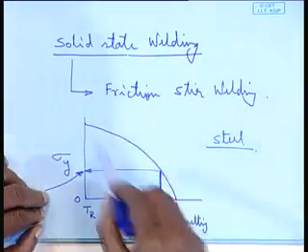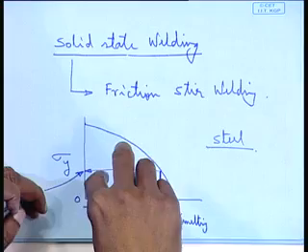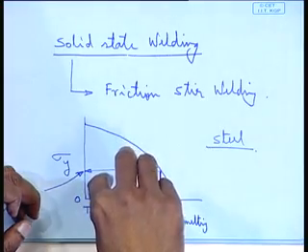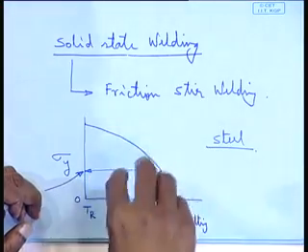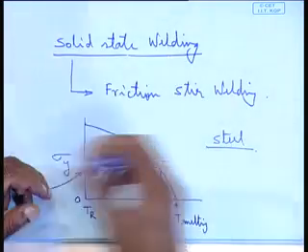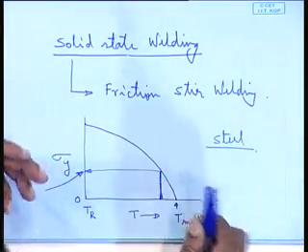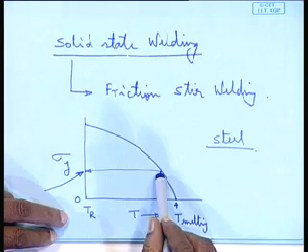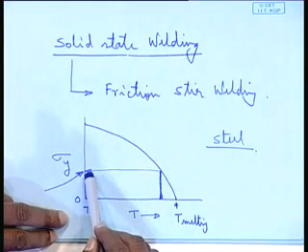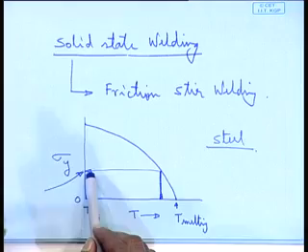Through this friction stir welding tool, which is giving a friction between the tool and the plate, giving rise to heat leading to a temperature rise, the metal below the tool comes into a plastified state.